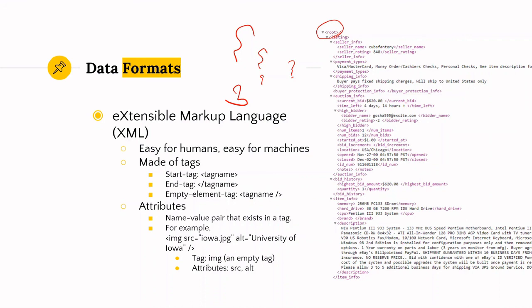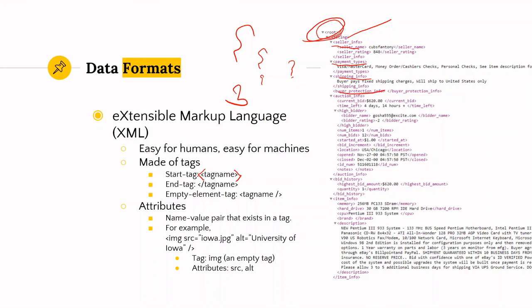But the root object is an object, and under the root object we have an object called listing. Tags are the ones between the angle brackets, and you can consider them as an object. So we have a listing object, and underneath it you have a seller info object, a payment type object, a shipping info object, a buyer protection info object, and so on and so forth.